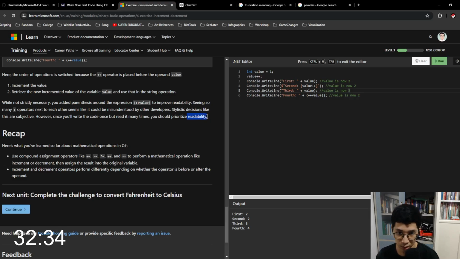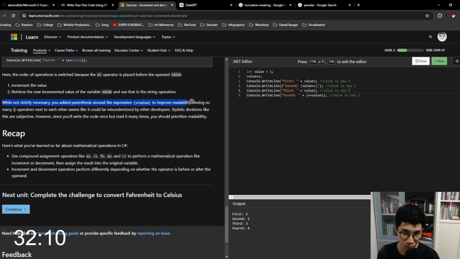So readability, or clean code, is often considered important among developers, because other developers might use or read your code, or you might present your code.